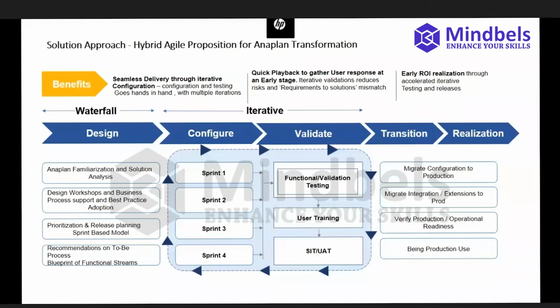Let's say the requirement is that I want to forecast sales by product by geography, but I collected sales by product by time. In such a way we need to validate all these functions, whether we collected them in a proper way or not. That's the way we test the first phase, which is functional aspects.